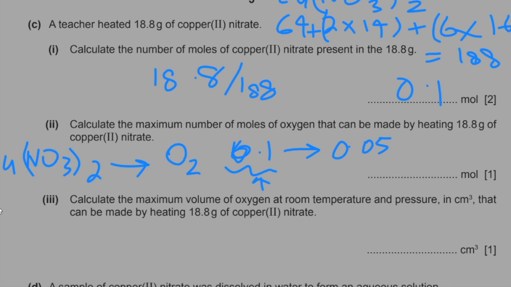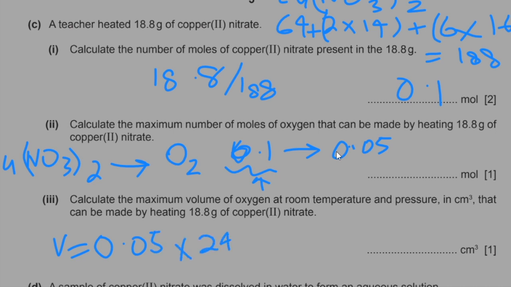3. Calculate the maximum volume of oxygen at room temperature and pressure in centimeter cube that can be made by heating 18.8 grams of copper nitrate. So you have the moles, you also have the molar volume of any gas, which is 24 dm cube, and so volume is equal to moles into molar volume, which is 24 dm cube.